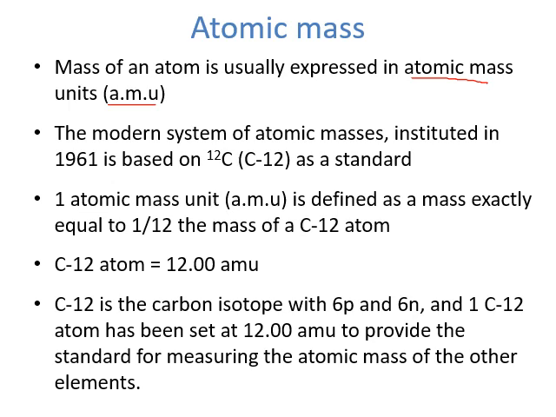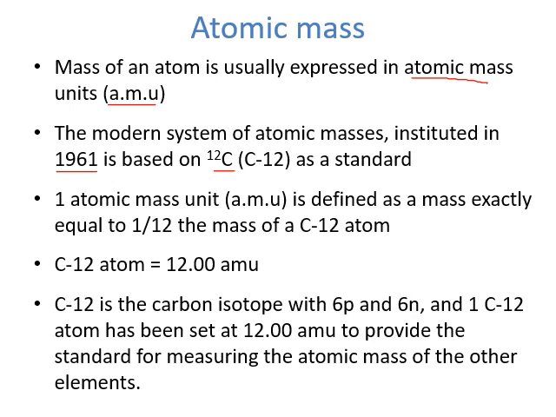This is based on the system that came out in 1961, where carbon-12 is the standard. So we always refer to carbon-12 as the standard in order to calculate the atomic mass.